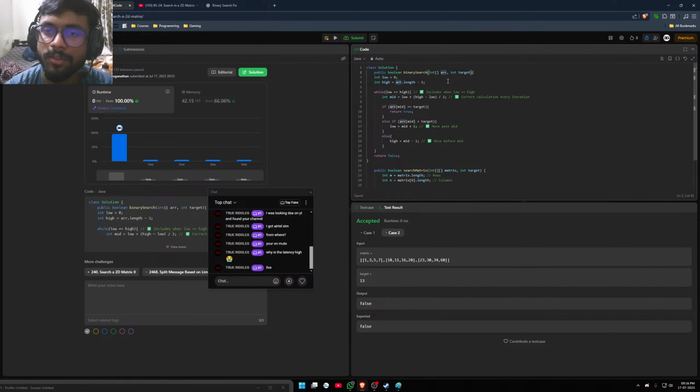Can we just directly take a matrix over here and take the last element as high, and check normally with low, high, and mid equal to low plus high? Everything is the same over here. Nothing to change, indexes don't have to change. The only thing which has to change is array of mid.